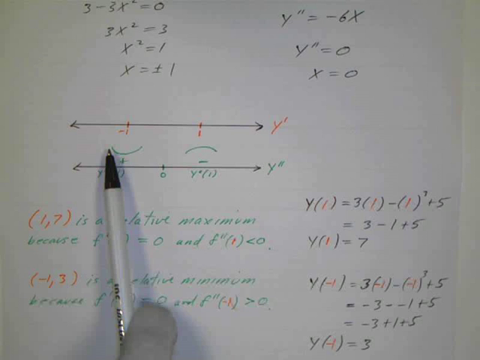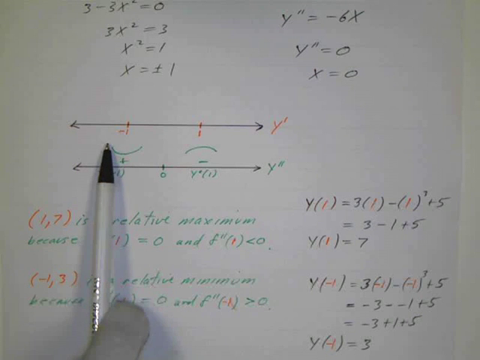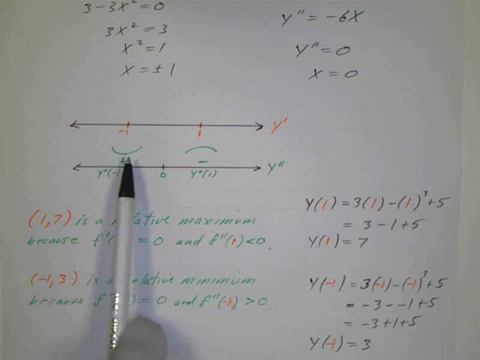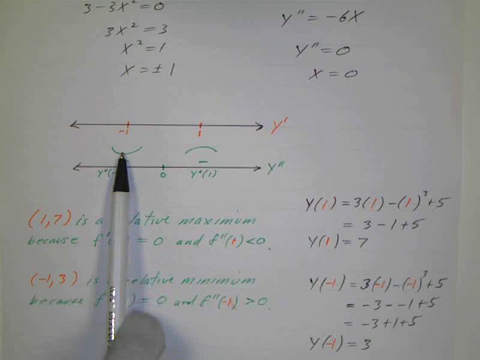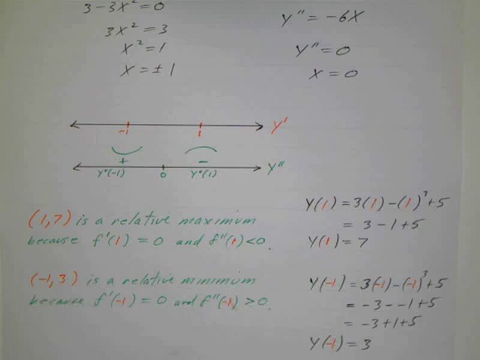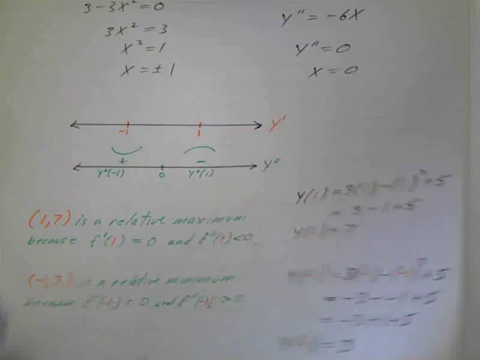So since it's positive, it's concave up. That means my change in my velocity is getting more positive. So it's concave up, which means it's down at the bottom of this little valley, so it's a relative minimum. And these are just your methods by using those second derivatives. All right? And we can look at number 35.